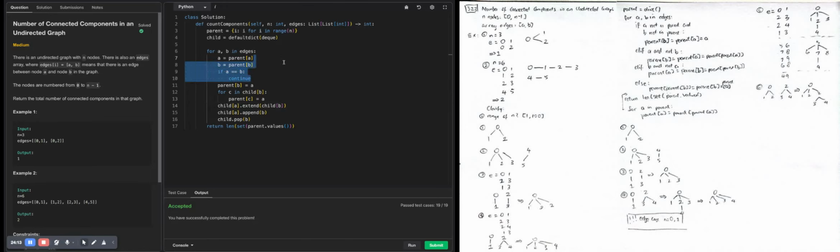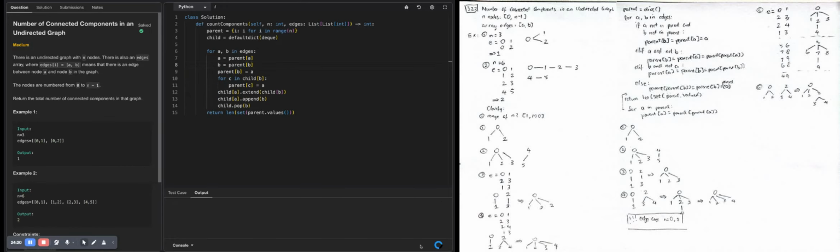I don't need this line too. Okay, let's put it back. Anyway, so parent of B will now be updated to A, and therefore for each child of B, I also update the parent to A.